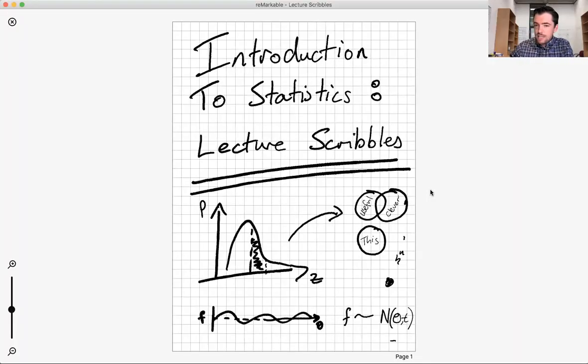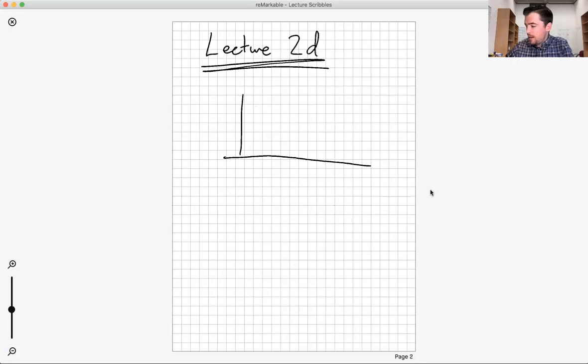Okay, so let's say that I have a Gaussian distribution, and my Gaussian distribution is the sample from which I'm drawing things. So this is my x, and this is my f of x. This is the probability distribution function for this particular distribution.